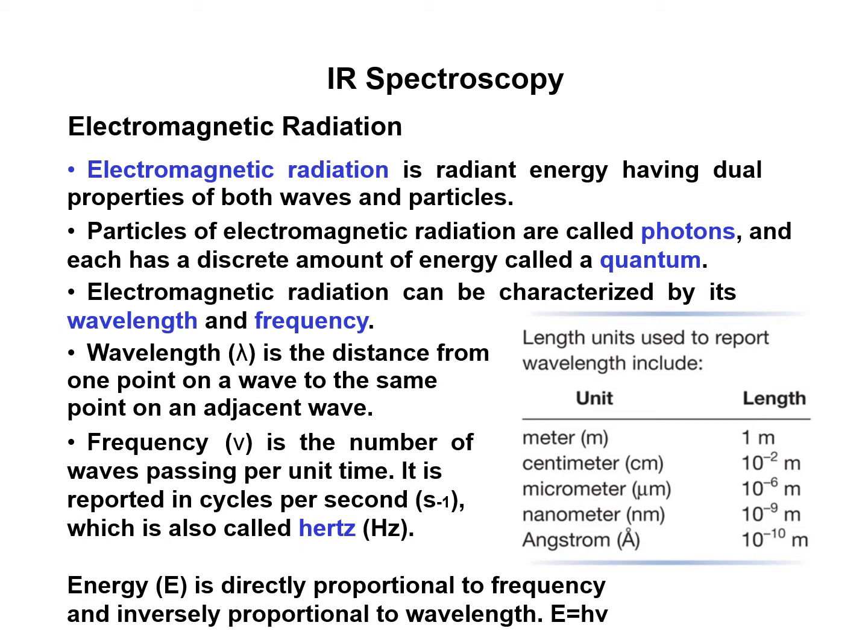You can think about it as, in 1 second, that wave oscillates a certain number of times. That's what the frequency is, the number of oscillations per second. So the energy of these photons or these waves is directly proportional to frequency and inversely proportional to wavelength.